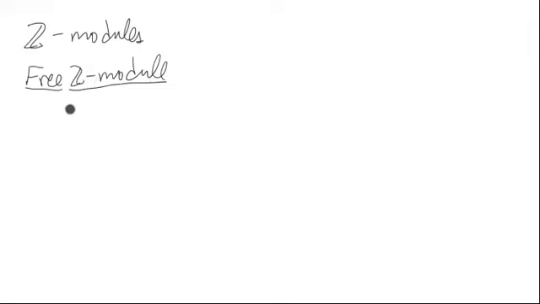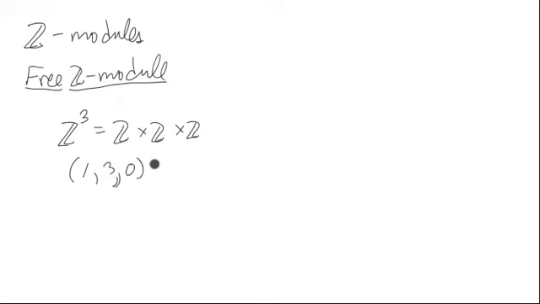So here, let's come up with an example. Suppose we take Z^3, which we'll think of as Z cross Z cross Z, meaning tuples of elements in Z, such as (1, 3, 0), say. So this is an element of Z cubed.